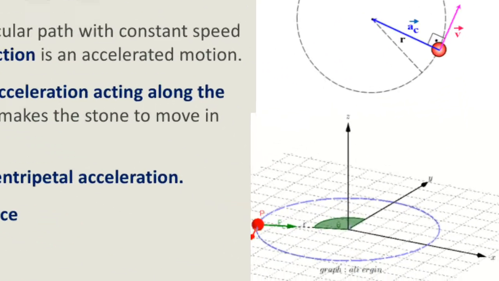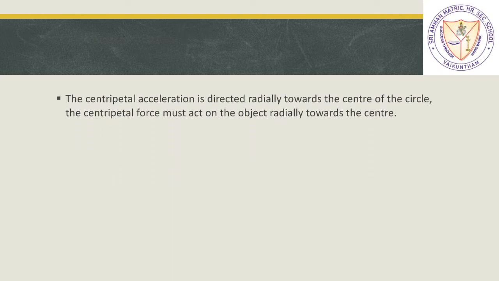So how do we calculate this? Let us see. The centripetal acceleration is directed radially towards the center of the circle. The centripetal force must act on the object radially towards the center. That means the direction of centripetal acceleration as well as centripetal force will always be towards the center.